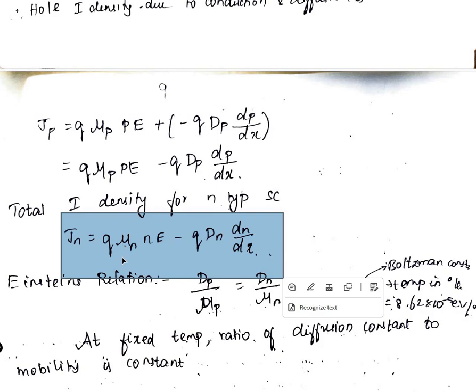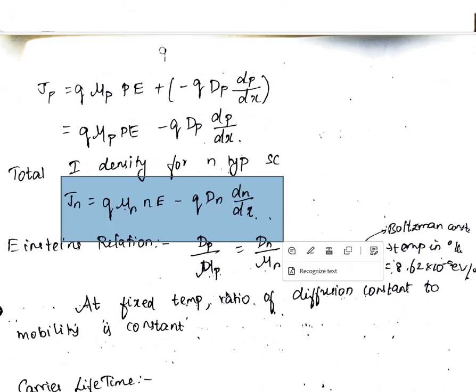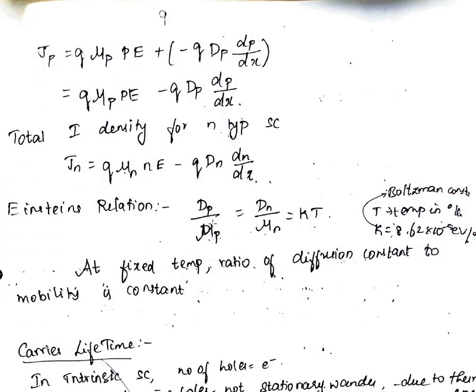So in both we have the drift and diffusion currents added. We also have the Einstein relationship, which states Dp by mu p equal to Dn by mu n equal to kT. Here D is the diffusion constant, mu the mobility of holes and electrons, k the Boltzmann constant, and T the temperature.